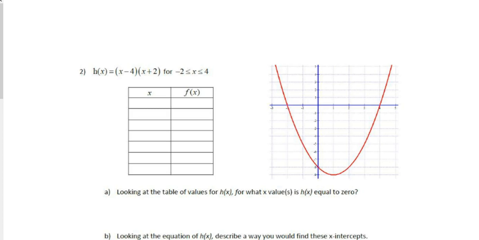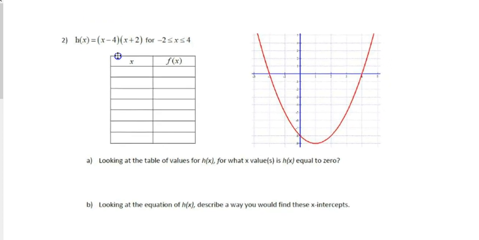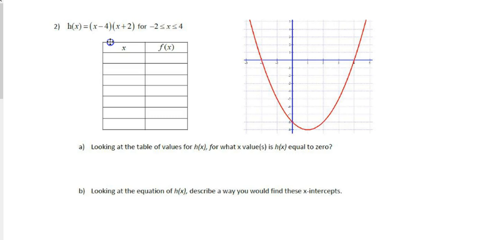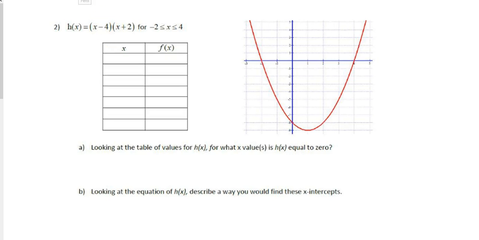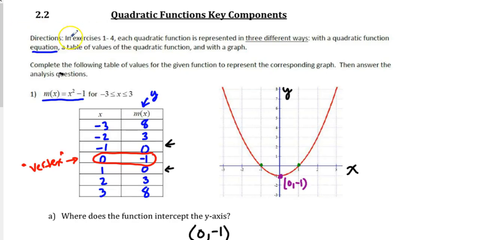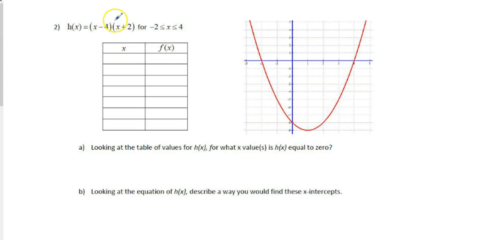So now that we've kind of explained a bunch of things here, let's see if you can take this second example and just do it on your own. You've got 3 different representations, table, equation, and graph, all of the same quadratic function. And you might notice this one's in a little different form. I don't see the x squared like I do in the previous one, but I still know it's quadratic because I have x times x.